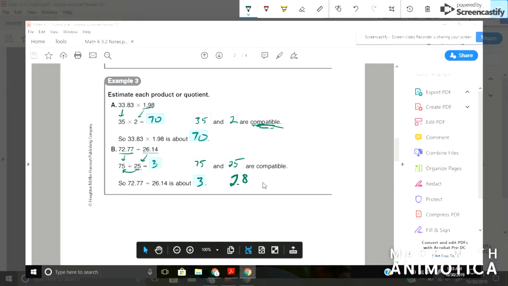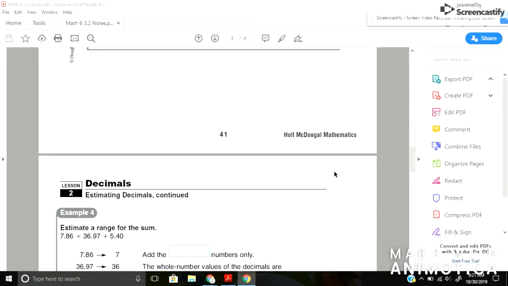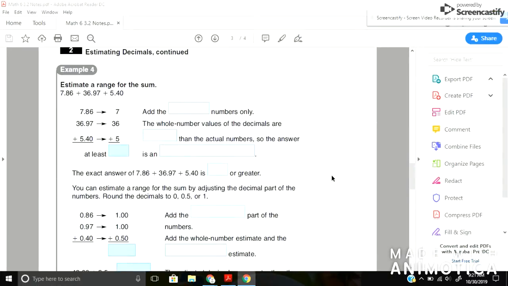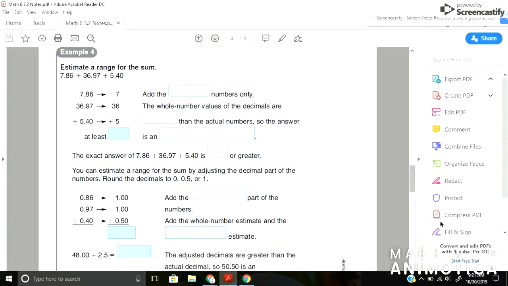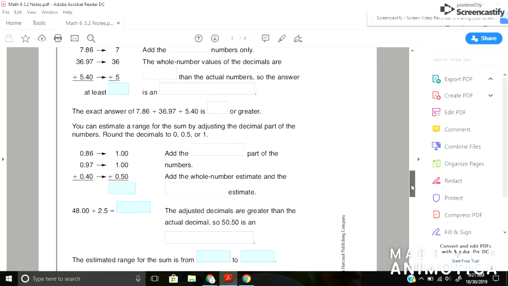So that is really close to the answer that I got when I used what are considered compatible numbers. Okay. All right, let's move on to example 4 on the next page. Kind of a long one, but hopefully it makes a little bit of sense to you here as we go through it.